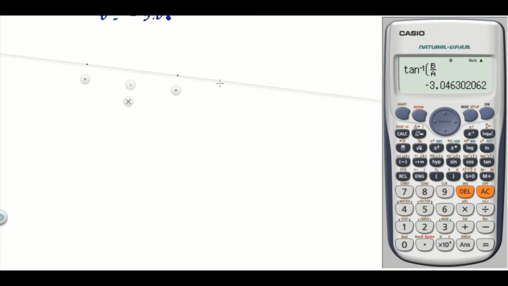Okay, so gawa tayo ng x and y. So, x-axis naman. There, okay.